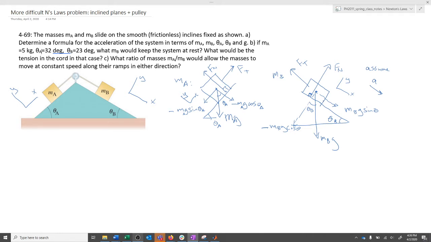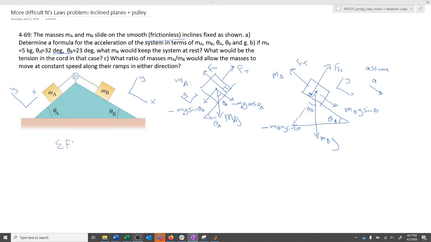We could sum the forces in y, although since there isn't any friction, all this would tell us is what the normal forces are, respectively, for MA and MB. This would be relevant if we were looking at friction, but we're not. This is a frictionless situation, so all the action is happening in the x directions.